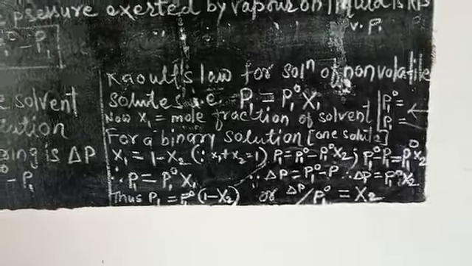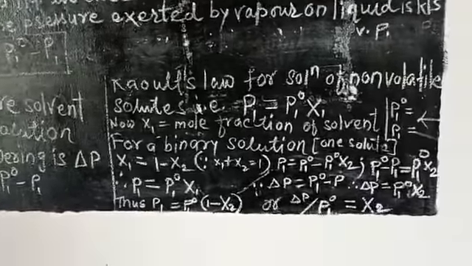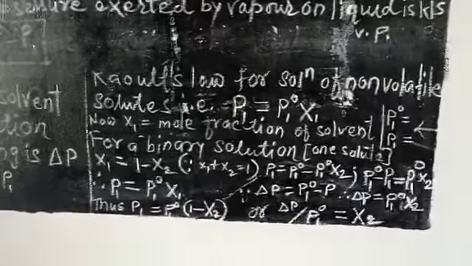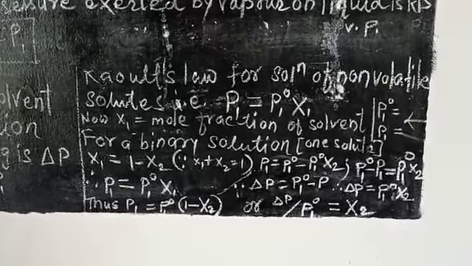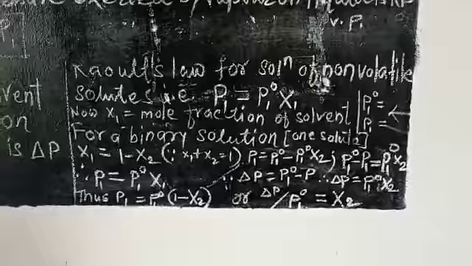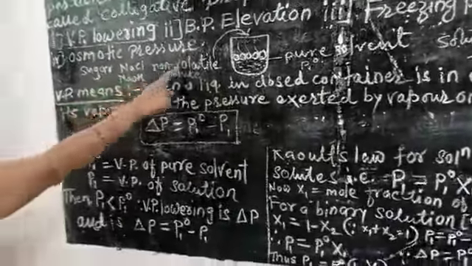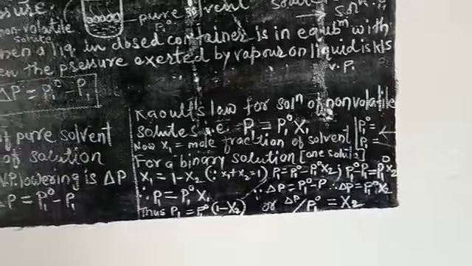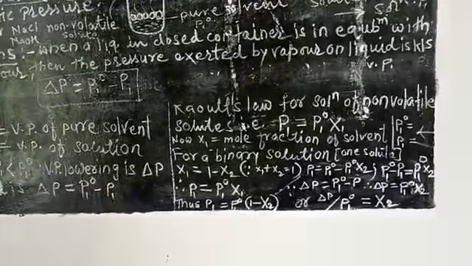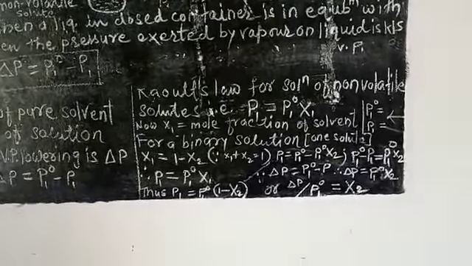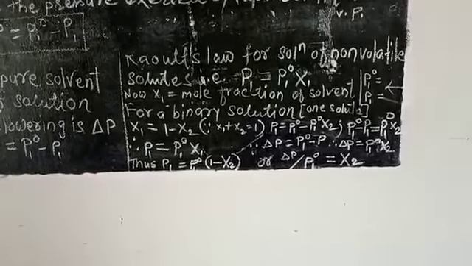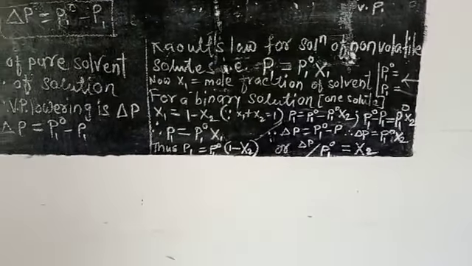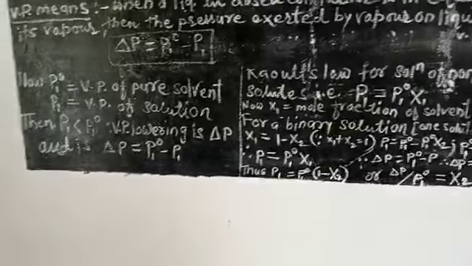But here one component is volatile and one component is non-volatile. That means in a solution, a non-volatile solute is present and the pure solvent is volatile. So here is also a binary solution, one component is solute and one is solvent, but one component is volatile and one is non-volatile.